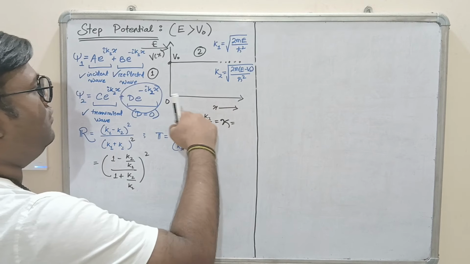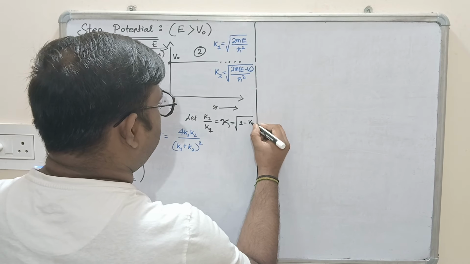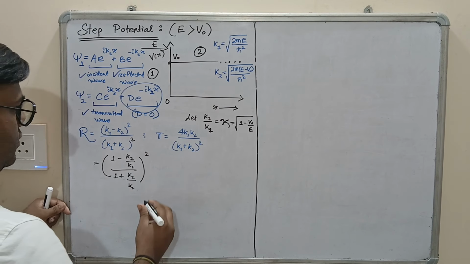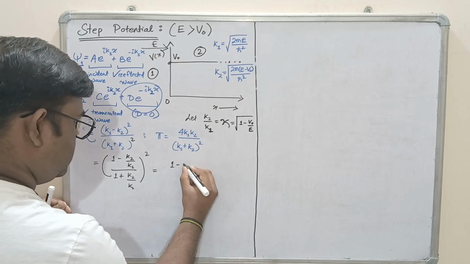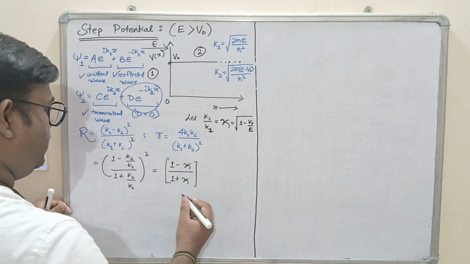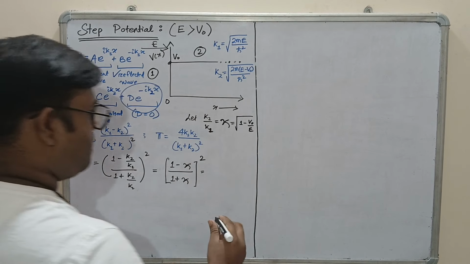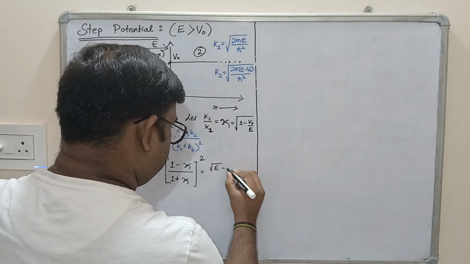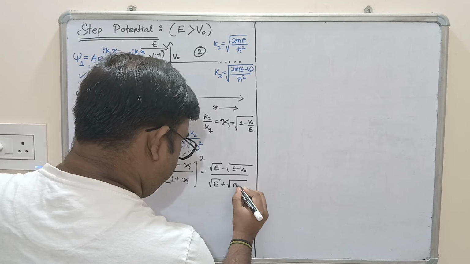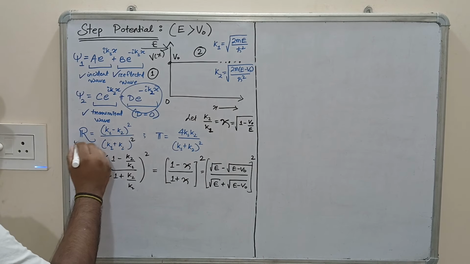This form of the equation will come out to be root over of 1 minus V naught by E. Now if we use this in this wave function, this will turn out to be 1 minus chi divided by 1 plus chi, which is nothing but root over of E minus V naught divided by root over of E plus root over of E minus V naught whole square. This is the equation of our coefficient of reflection.